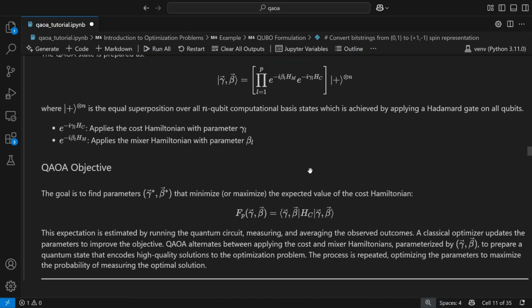Our objective is, after evolving this initial state into this final state that depends on gamma and beta, to minimize the expected value of the cost Hamiltonian given the parameters gamma and beta. So we want to find gamma star and beta star such that this expectation value is minimized.